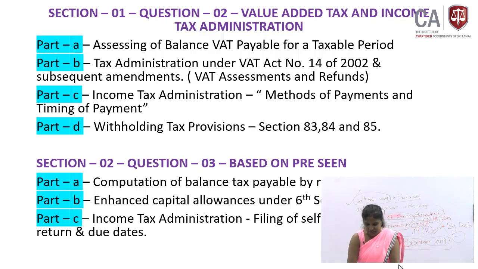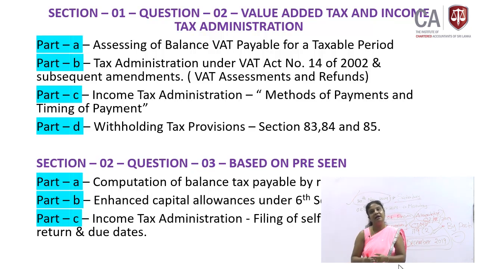Then section 2, question 3, based on the pre-seen, your part 1, your very interesting part, computation of balance tax payable by a resident company for 25 marks. I have done that. Part B, enhanced capital allowances under the 6th schedule to the Act, under tax planning and advising and business decision making, which is 10% of your syllabus area.